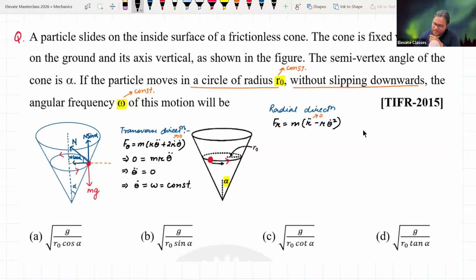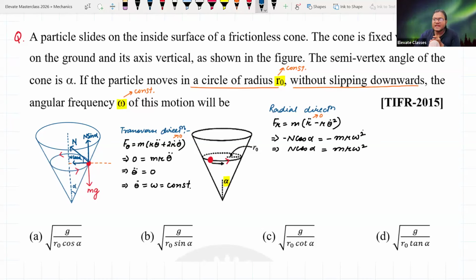But what is the force along the radial direction? Force along the radial direction? Minus N cos alpha. Minus N cos alpha is equal to minus m r omega square. Okay? So therefore, N cos alpha is equal to m r omega square.